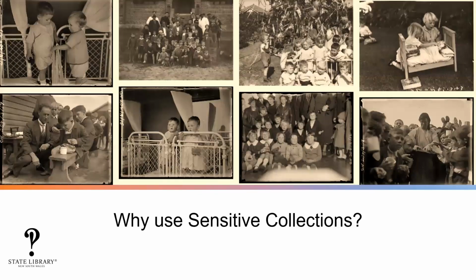So why would you use sensitive collections? Family history research involves delving into the past to uncover information about your ancestors. Sensitive records such as birth, death, and marriage certificates can provide essential genealogical details with names, dates, and locations, forming the backbone of a family tree.